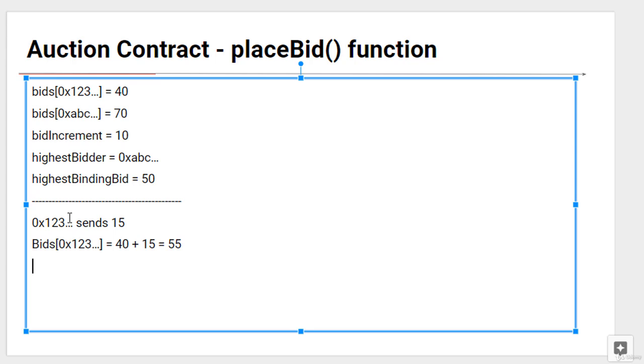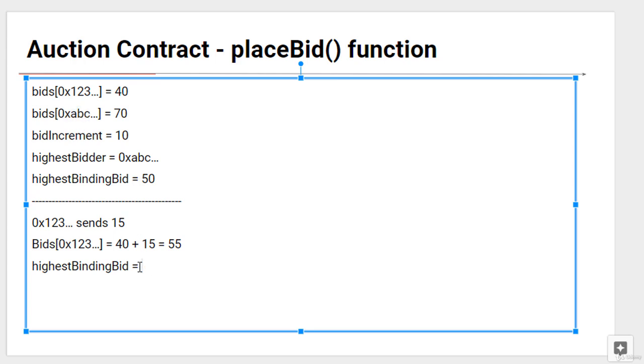And then the highest binding bid. What is the highest binding bid? Okay, we can see very easily that the highest binding bid is 65. Why 65? Because the other bidder has already bid 70. So the highest bidder will be the other address, the address that starts with ABC.